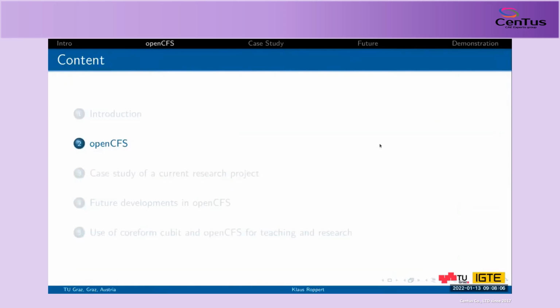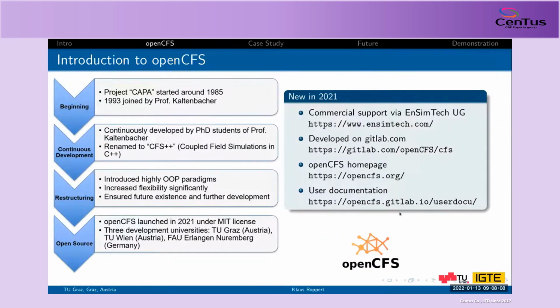Okay, so our software openCFS was originally funded, started as a project called Kappa in 1985. It was then joined by Professor Kaltenbacher, and together with his PhD students, he continuously developed the software, and mainly towards coupled field problems.